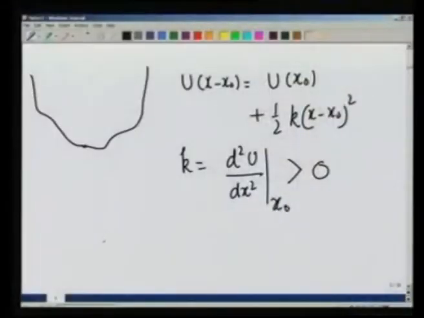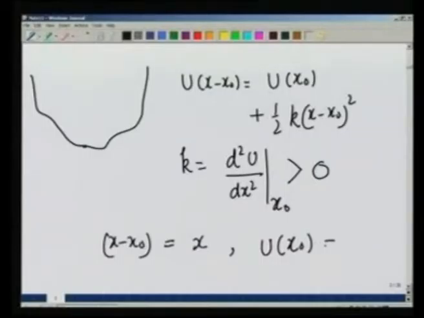Let me for convenience now write x minus x0 as only x, that is, in effect I am taking x0 to be 0 and U(x0) to be 0. Remember, potential energy is always with respect to some reference point, so I am choosing my reference so that U(x0) is 0.